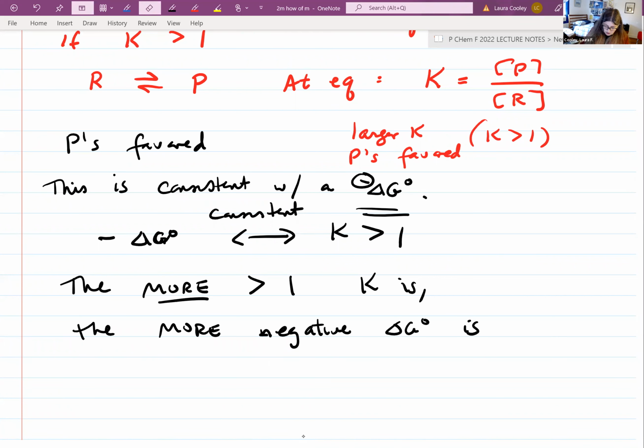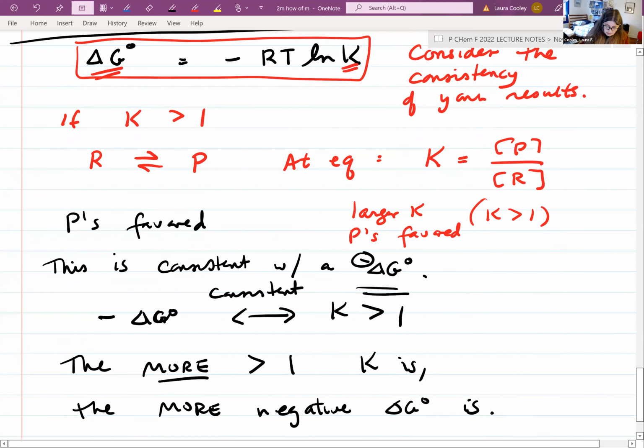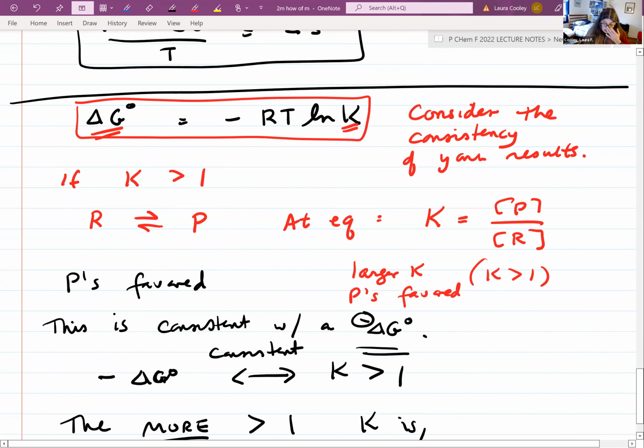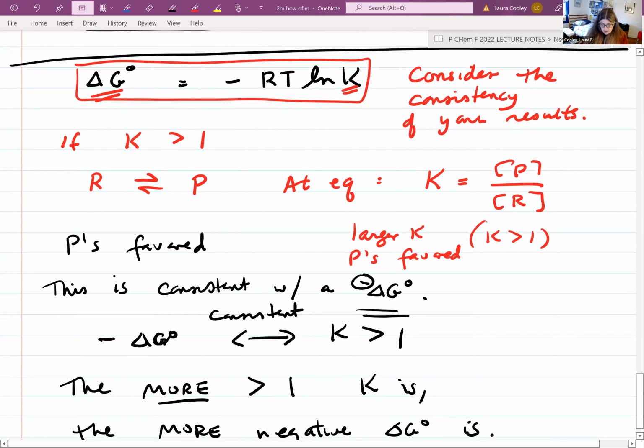So if you get a value of K that's 0.01 or something like that, and then you get a negative delta G zero, there's something wrong. You did something wrong there. That's not consistent. So make sure that you get consistent answers, and this can help you check your answers as well.